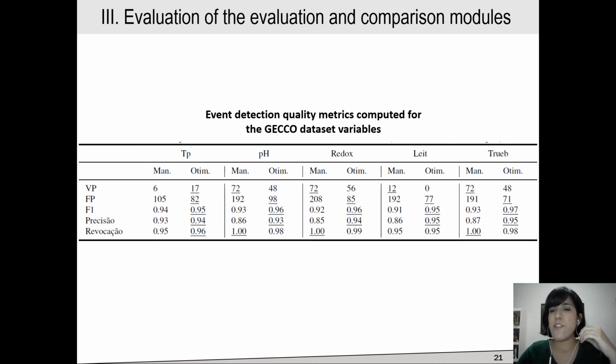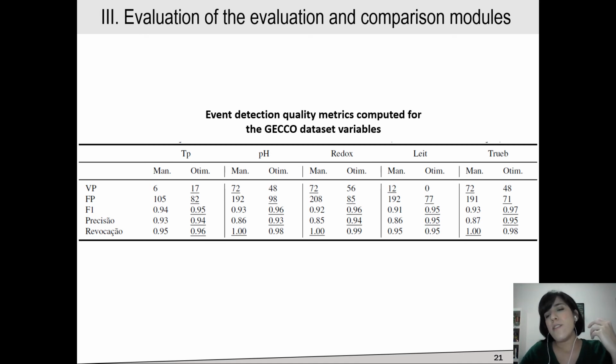Generally, it is necessary to balance and analyze different metrics to assess the detection quality more comprehensively. So the Harbinger evaluation module facilitates this analysis, allowing the different metrics to be passed as input and computed. So here, as expected, the parameter optimization resulted in higher F1 metrics and lower false positives, which means more accurate event detections.